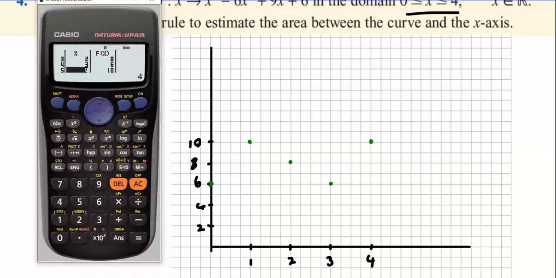Now, if I want to do it slightly more accurately, I can always go for my half points.